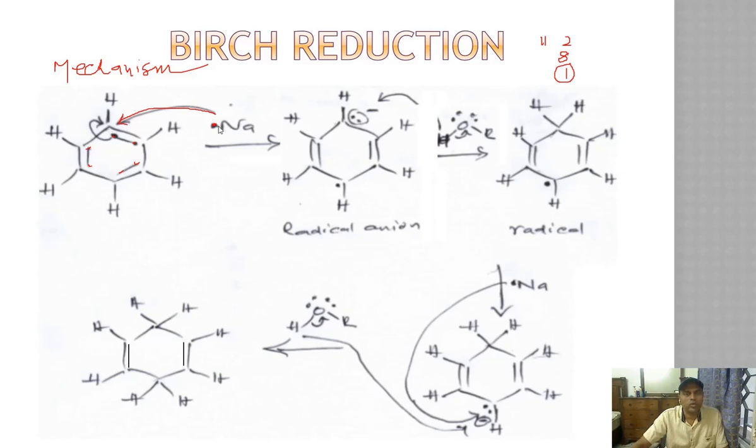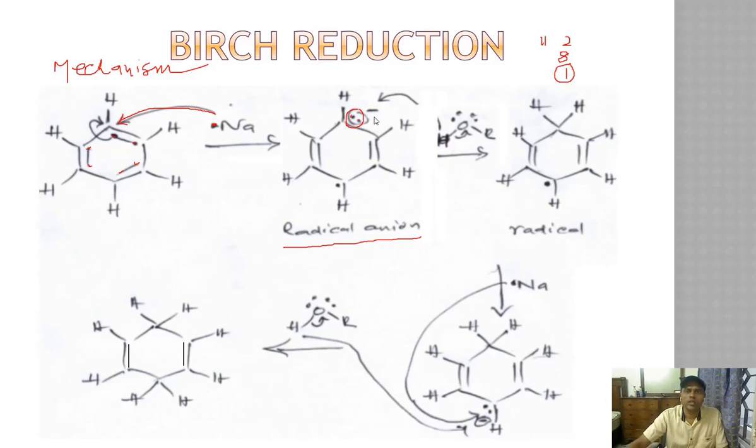So it is going to get 1 electron from sodium and 1 electron from the pi bond. So it is going to be negatively charged now. So this carbon is negatively charged. That's why it is called radical anion. It is not just free radical, it is a radical anion.